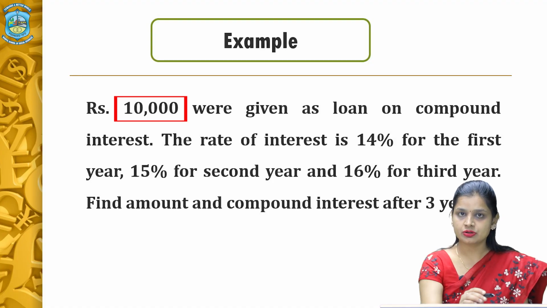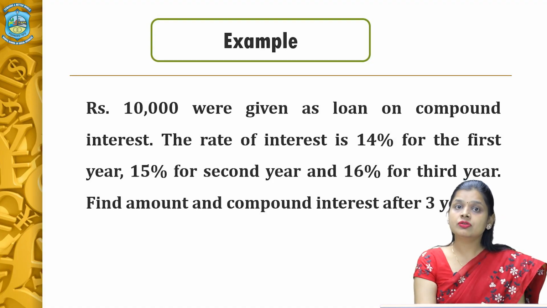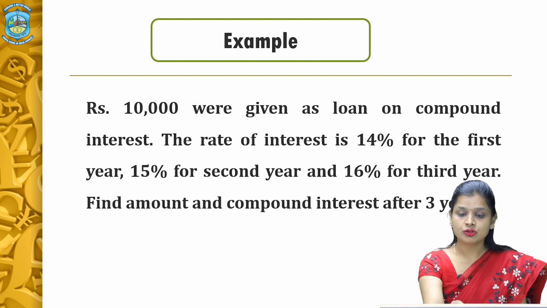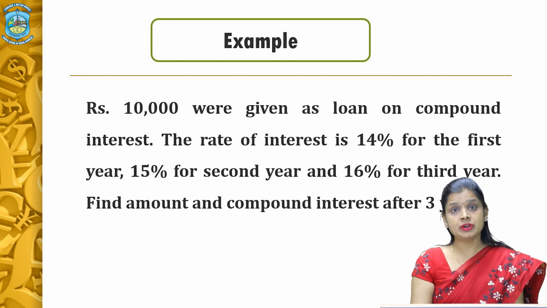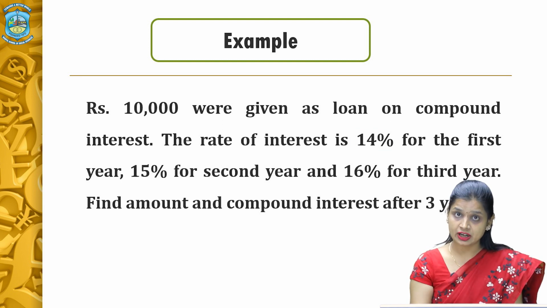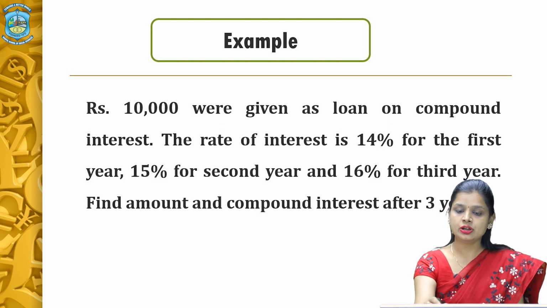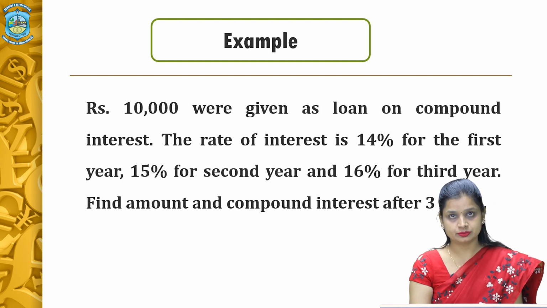In this example, principal amount is rupees 10,000, the rate of interest in the first year is 14% and this rate of interest is applicable only for 1 year. Therefore, the value of T1 is 1.